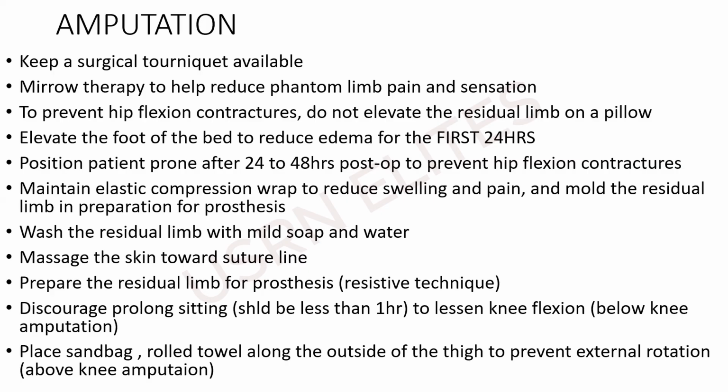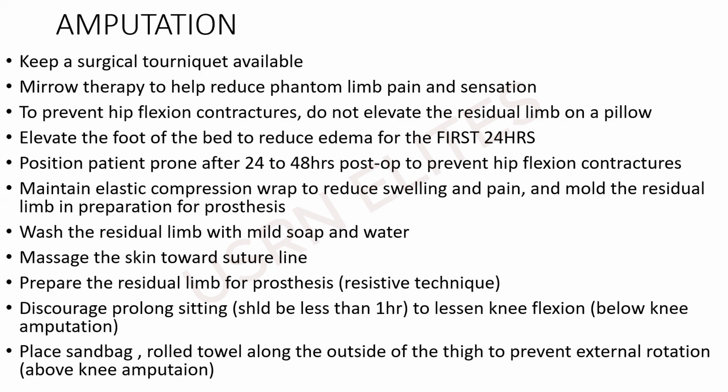Okay. And you also have to place sandbags or rolled towels along the outside of the thigh to prevent external rotation, especially in above knee amputation. I hope you understand external rotation, right? Because after surgery, we can see that they want to move the stump away from the center.